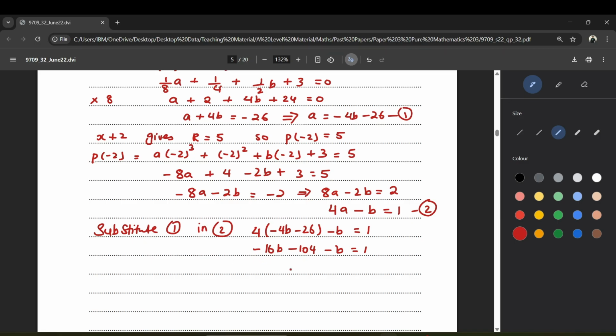Minus 16b minus b is minus 17b, and minus 104 goes to the other side and becomes 105. So b is equal to 105 divided by minus 17.